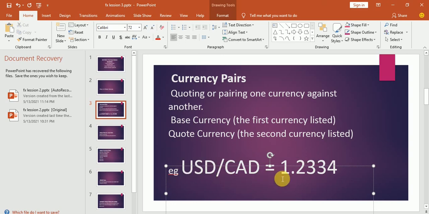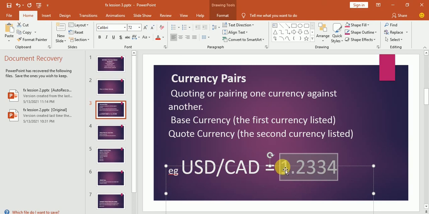When you see something like USD Canadian dollar equals 1.2334, that means that if you want to buy $1 US, you need 1.2334 Canadian dollar to buy this. So this is the currency you have. This is the one you want to buy. You need this in Canadian dollar to buy $1 US.